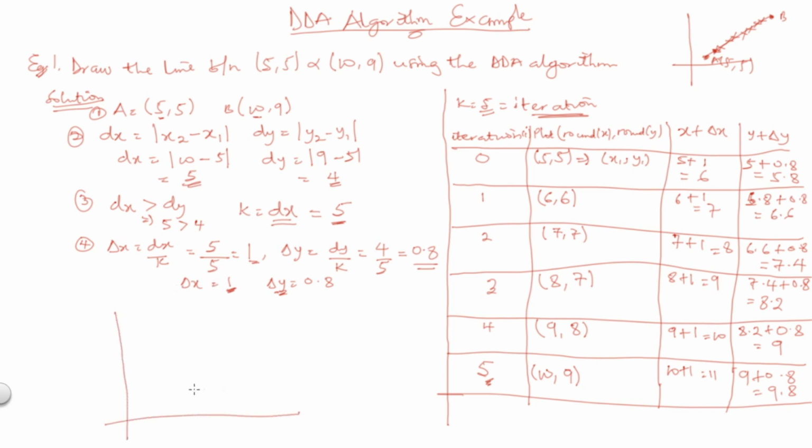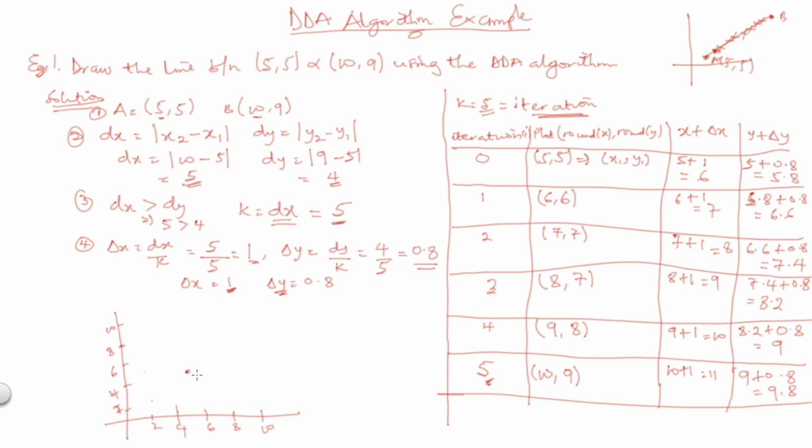Now on the Cartesian plane, assuming we have here, let's say 2, 4, 6, 8, and 10, and also on the y-axis we have 2, 4, 6, 8, and 10. Plotting the values, the first one is 5 and 5, which will be somewhere here.